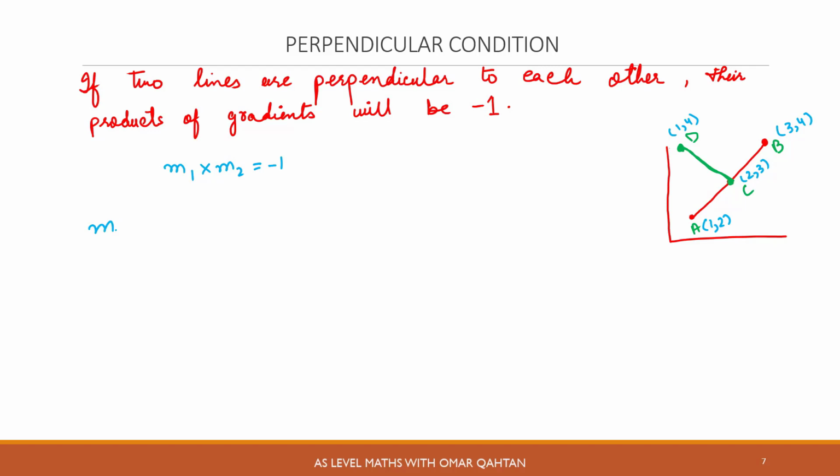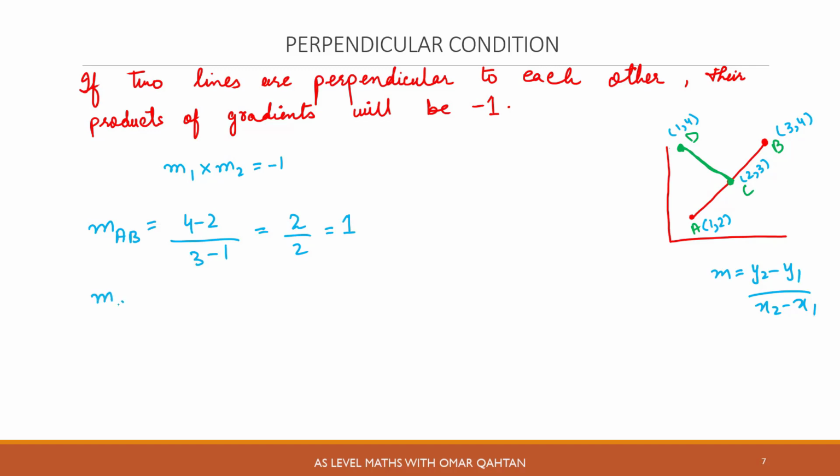So the gradient of line AB will be, I should write the formula first: y2 minus y1 upon x2 minus x1. Alright, so y2 minus y1, which is 4 minus 2 upon 3 minus 1, which is 2 upon 2, equal to 1.